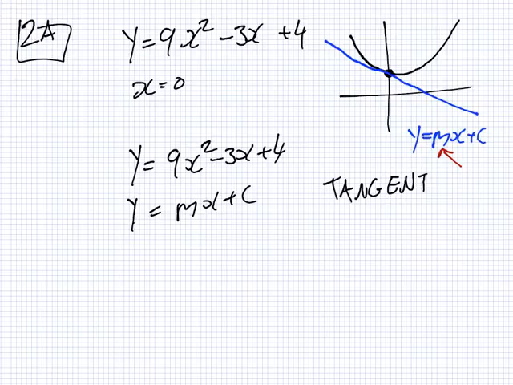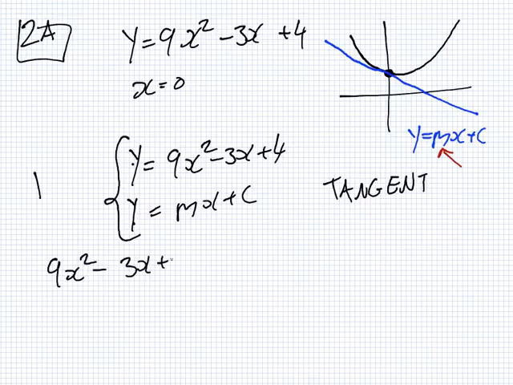But we won't worry about the at part yet. So if this is a tangent to this, how many answers should there be here? Should only be one. We solve it like normal. Because I know the x, if I put the x in here, I can get the y.